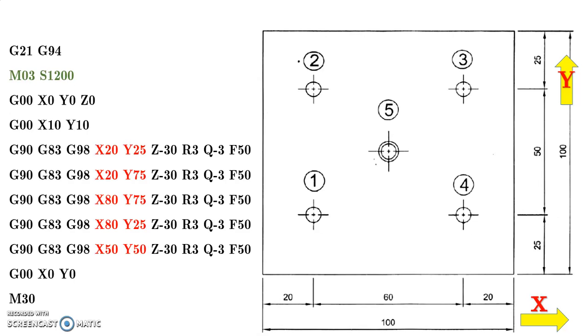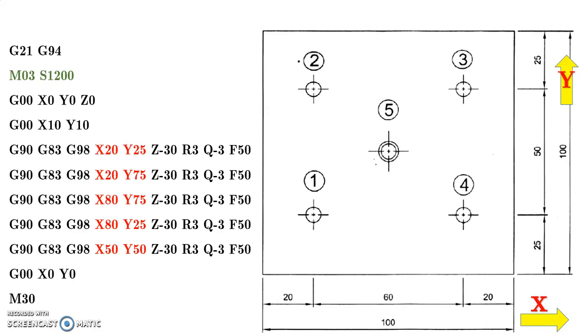Let me make another video to discuss G94 and G95, since we are dealing only with how to write a program for the drilling operation now. In the second stage, we give the definition to start the spindle with 1200 RPM for the sake of this case study, it can be of your preference. Then G00, first the rapid movement to the home position. Then G00 X10 Y10, in order to prepare the operation.